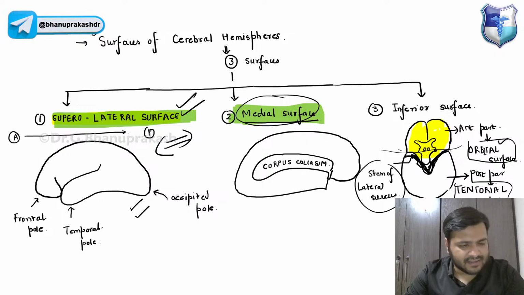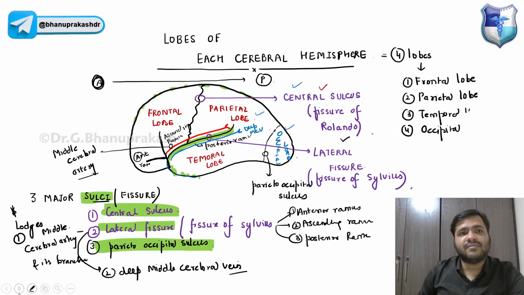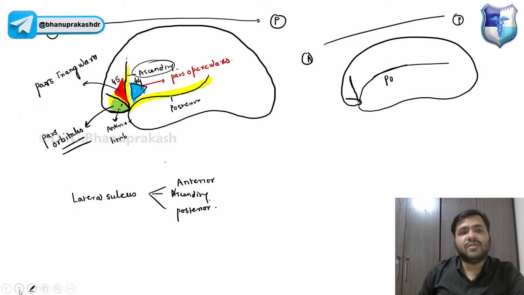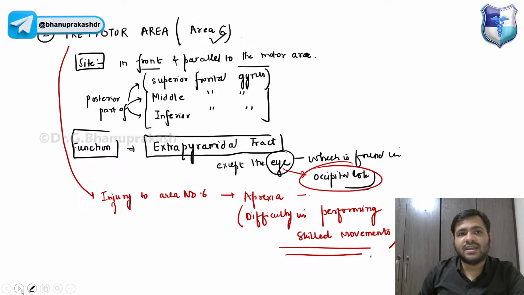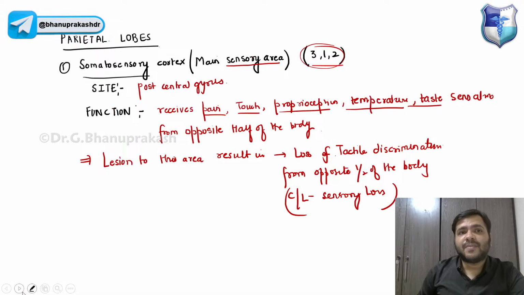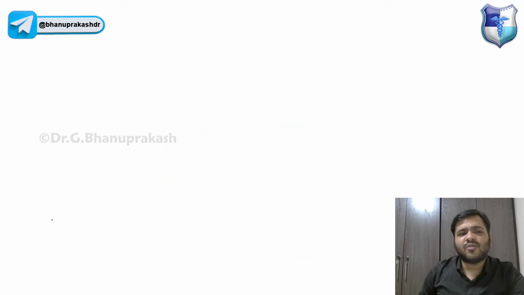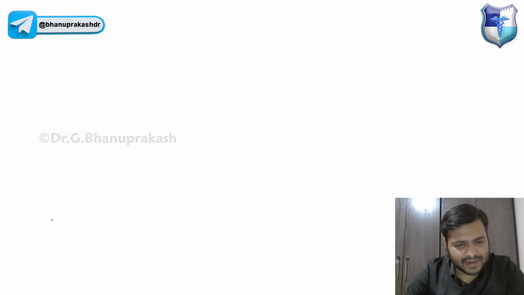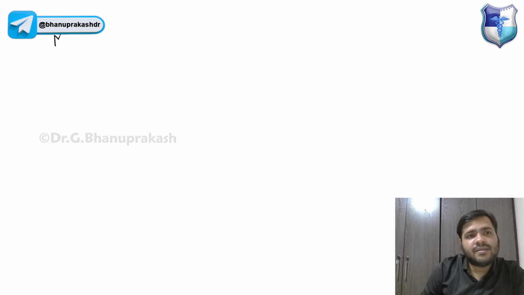We have already discussed in the superolateral surface all the sulci and gyri, and all the important functional areas lobe wise, including the motor areas, the parietal lobe and the temporal lobe. Now the occipital lobe is left, but I will show it on the medial aspect. So let us start with the medial surface of the cerebrum.